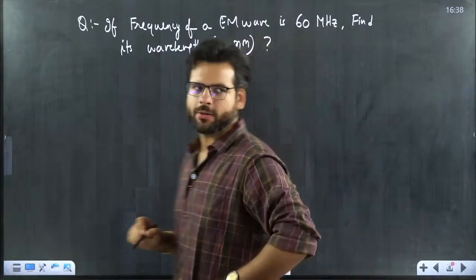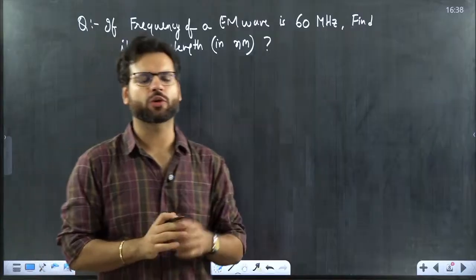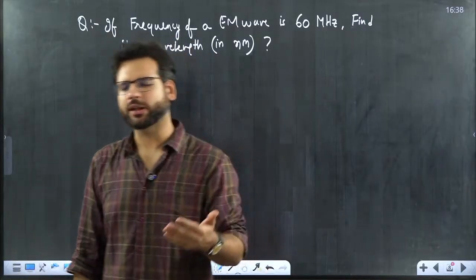Okay, I want you to reply. Kindly do this question. I'll wait for 2 minutes. I'll wait for your answer, and once you have given me the answer, I will explain it further.